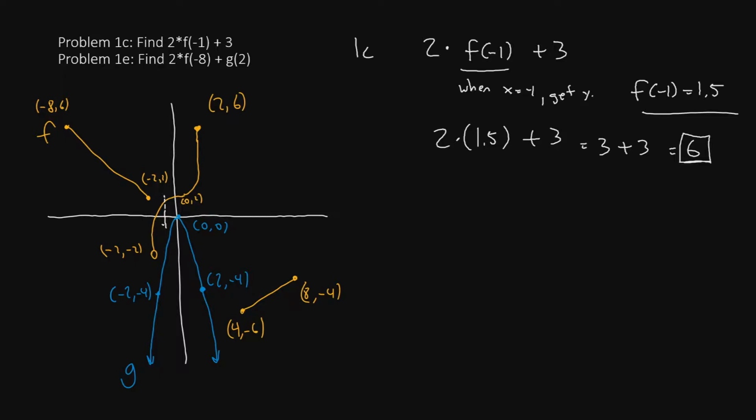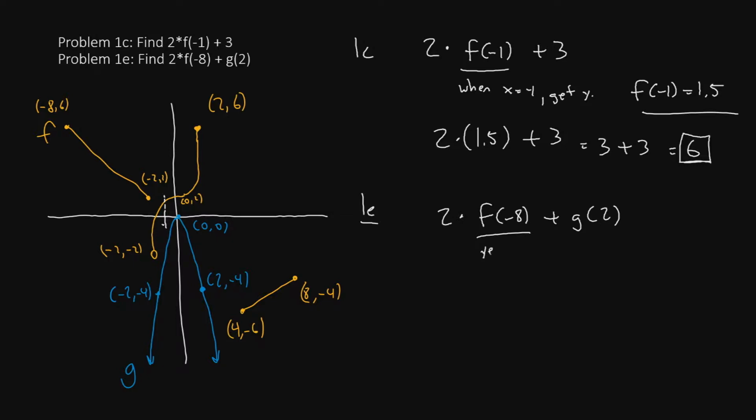We'll do this problem slightly out of order and skip ahead to 1E. Here in 1E it says to find 2 times f(-8) plus g(2). So we will need to involve the blue line in this problem. First, f(-8) means to go to function f, get where x is -8, and give the y value.